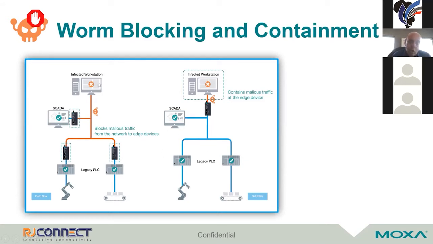But you could also say, well, I'll block every single device, every single system, so that if a laptop does come onto the network by accident, an infected workstation, all my edge devices will still be protected from a worm. And it will be contained in that infected laptop.